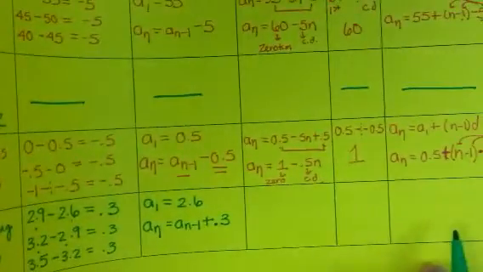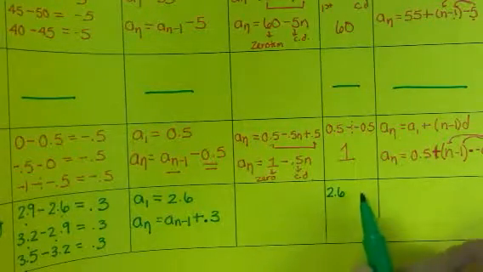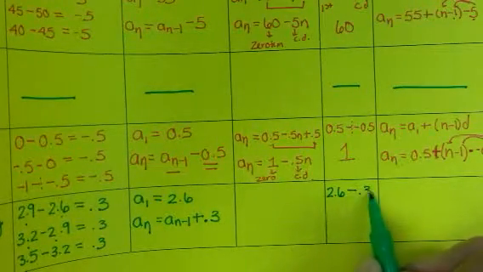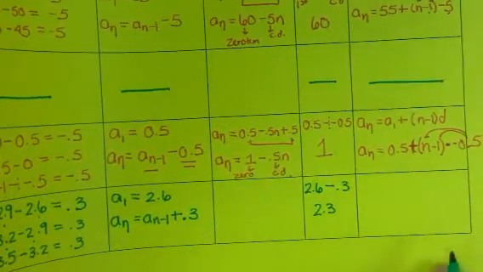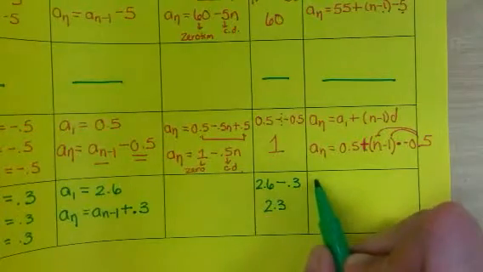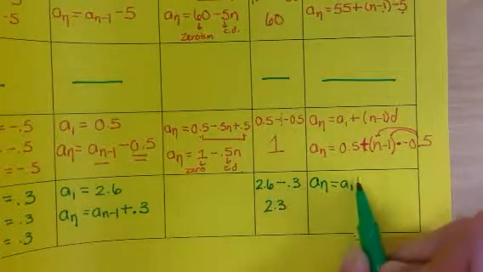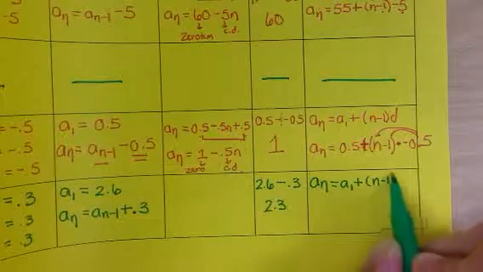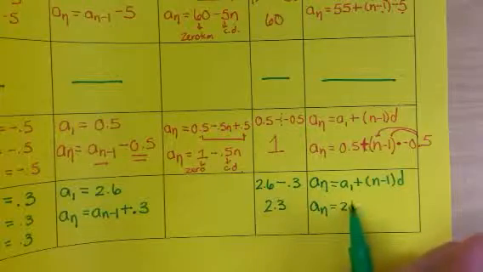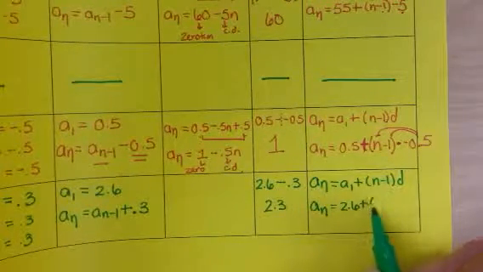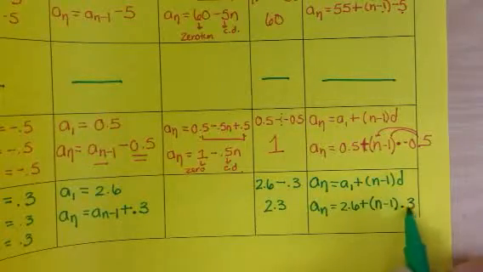So when n is equal to 0, you're going to take your first term, which is 2.6, minus your common difference, which is 0.3, and you get 2.3. Let's look at the explicit formula now. You would have a sub n equaling a sub 1 plus n minus 1 times d. So a sub n would equal 2.6 plus, in parentheses, n minus 1 times your common difference, which is 0.3.